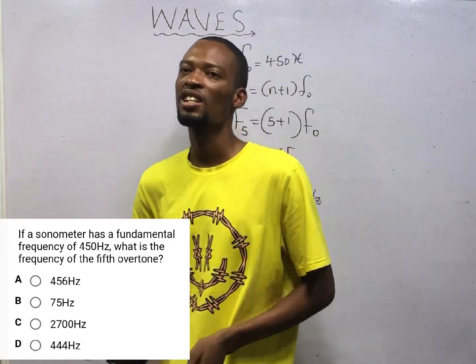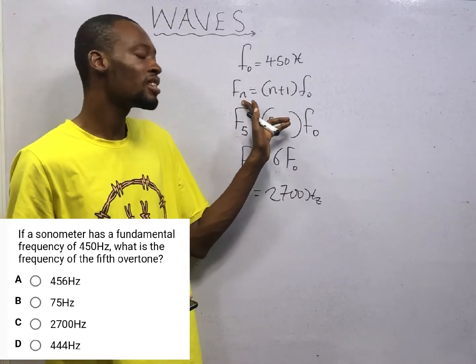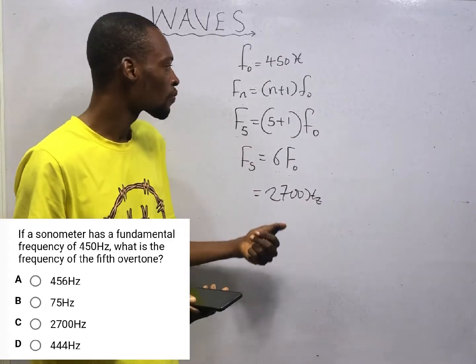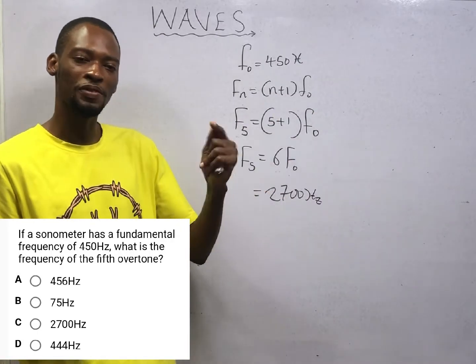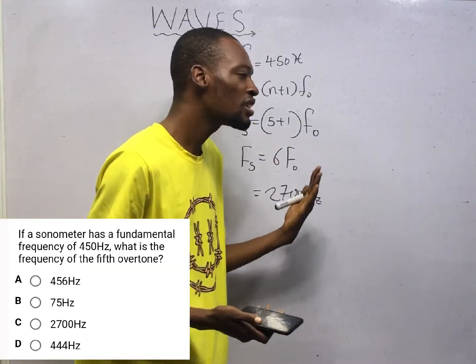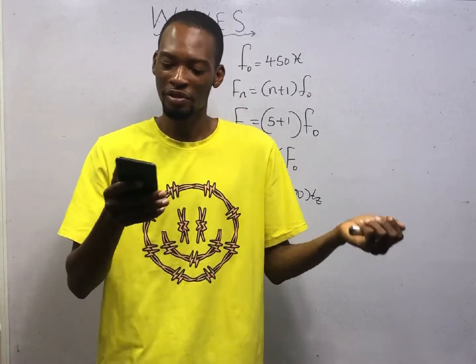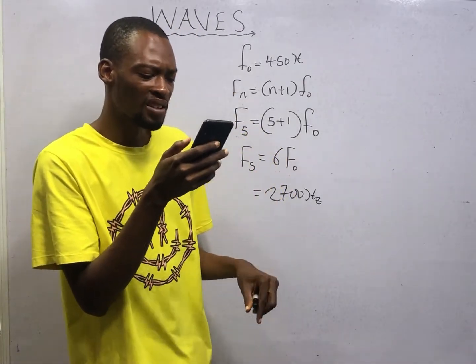If we are asked for the frequency of the third overtone, n is 3, so 3 plus 1, 4 times the fundamental frequency. The frequency of the 10th overtone is simply 11 times the fundamental frequency. The frequency of the 19th overtone is 20 times the fundamental frequency. I hope this makes a lot of sense to you. And look at this question.